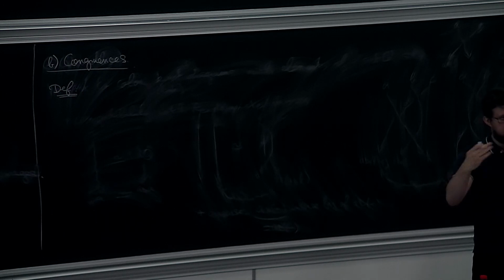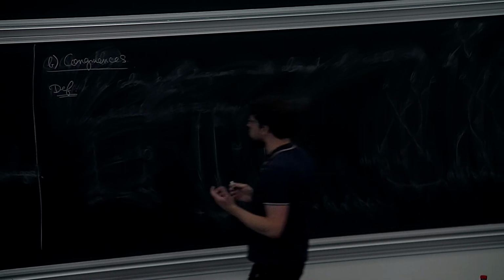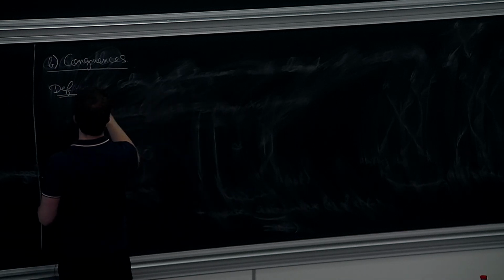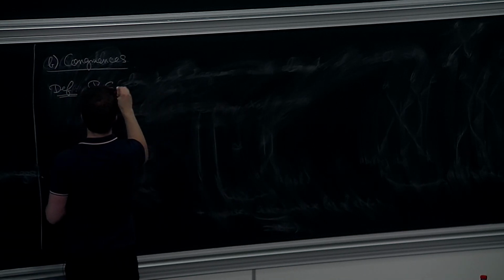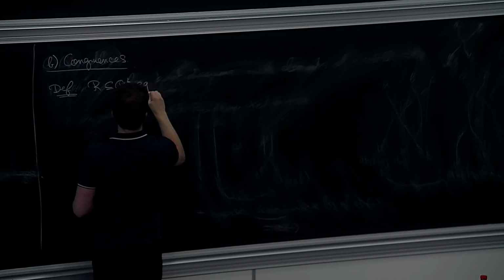A normal subgroup is something around the identity, and we deal with normal subgroups because groups are homogeneous. But for quandles, you don't have this kind of homogeneity. So you really have to consider equivalence relations.